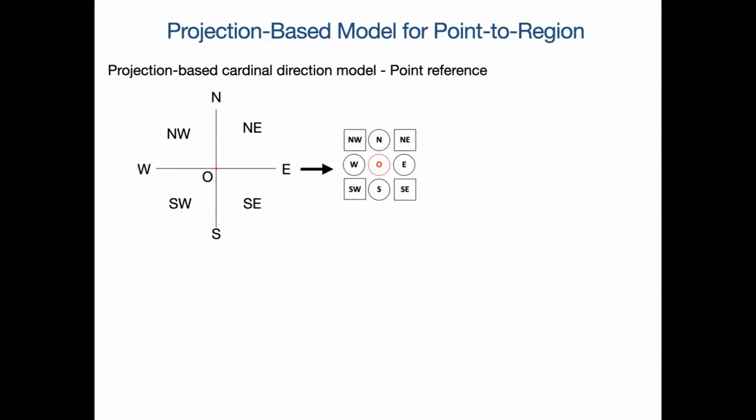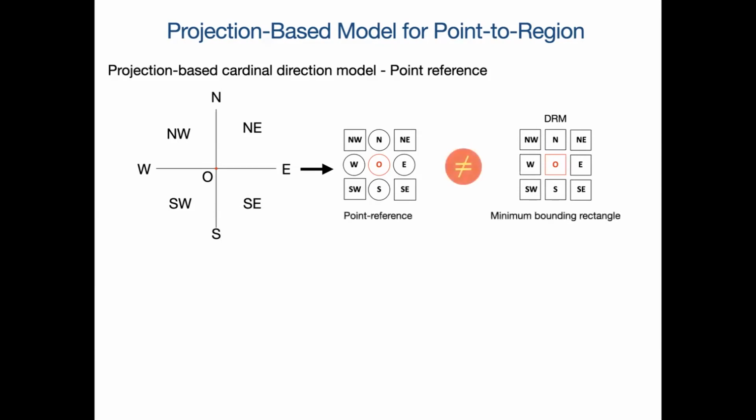This basic model is a projection-based model, and it concerns the point reference. Simultaneously, we are using this point projection-based model to define the point-to-region directions. Point-to-region directions mean that the reference is a point. That's important. And the direction relation matrix uses the reference as an area.